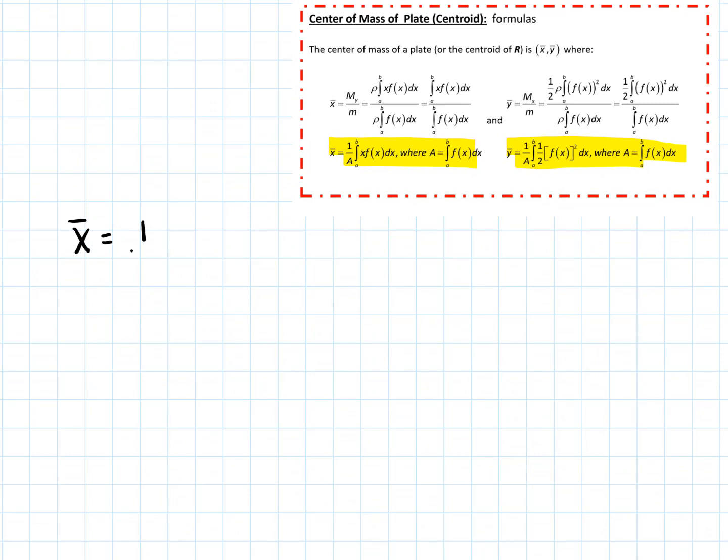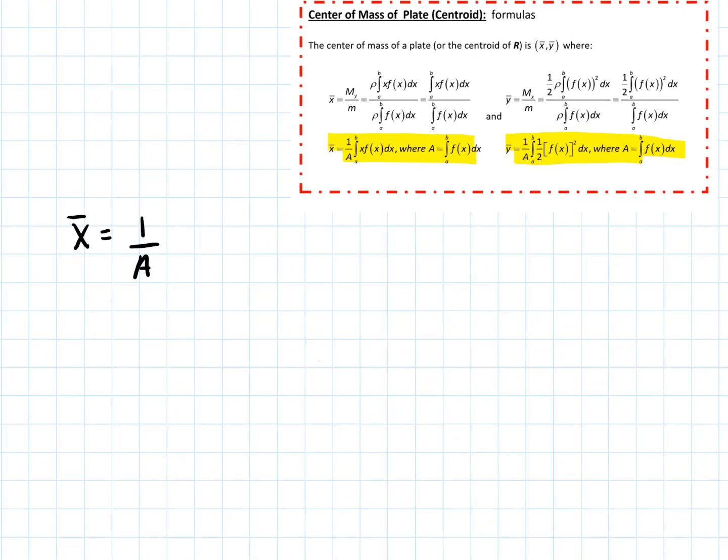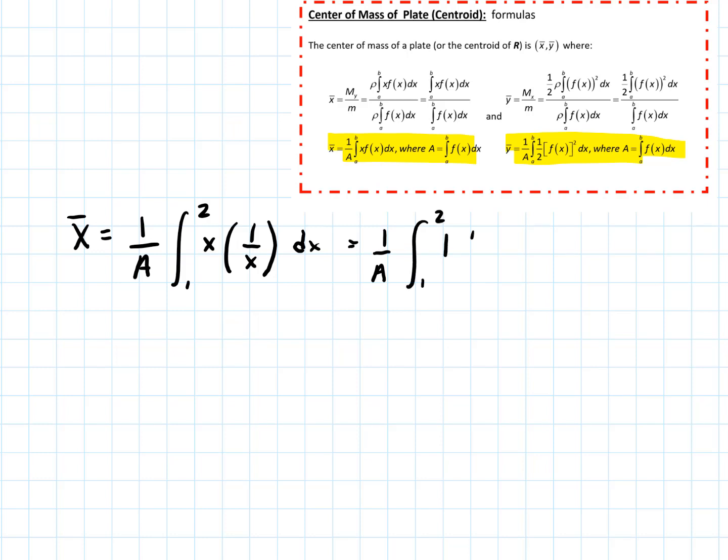So x bar is going to be 1 over A, and I'll plug that in after I calculate it. 1 over A times the integral from 1 to 2 of x times f of x, but we're looking at the function 1 over x, dx. That ends up being 1 over A times the integral from 1 to 2 of 1 dx, which is just 1 over A times x evaluated from 1 to 2.